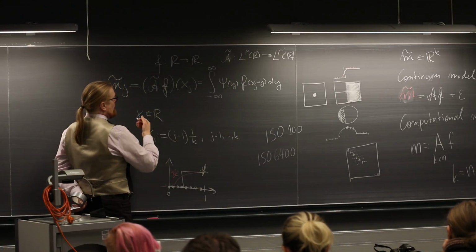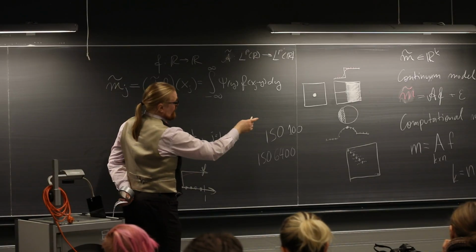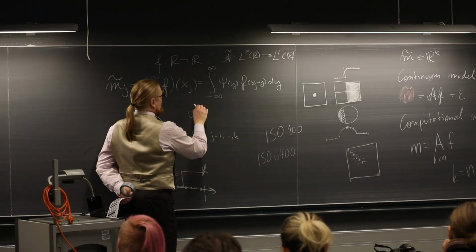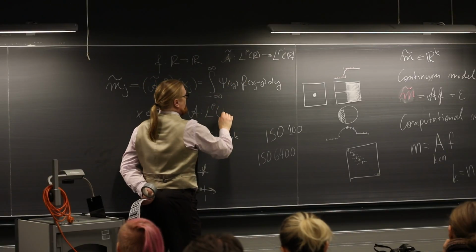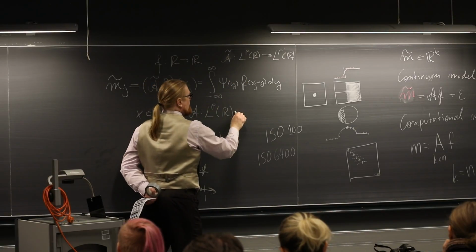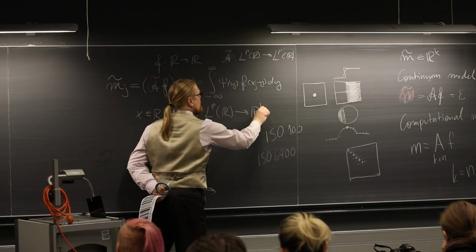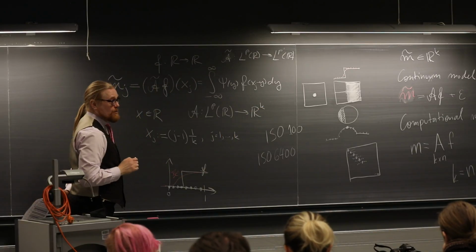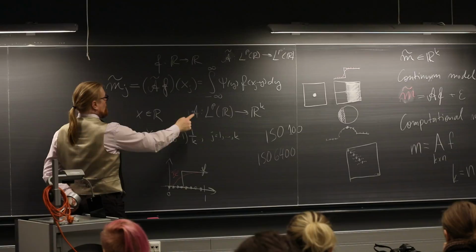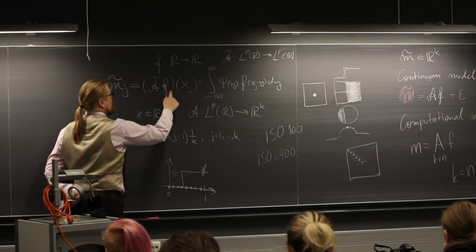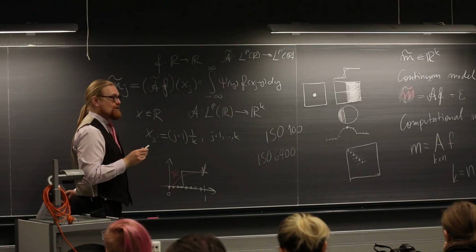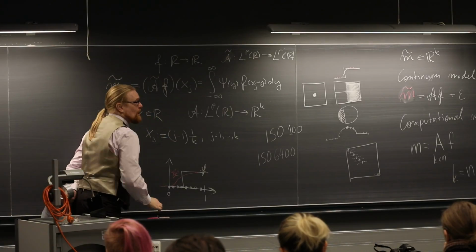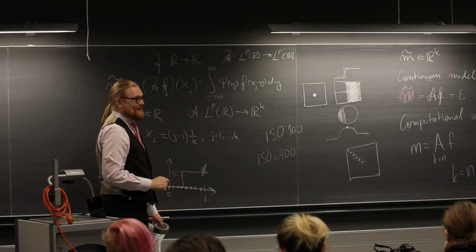And then with that notation, this A beautiful would be from the same function space, but the target space should be RK, and then we would define A without the tilde. We would define it with this formula. So yes, the notation is a little bit not so perfect.